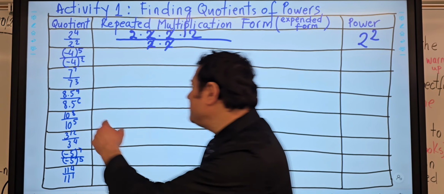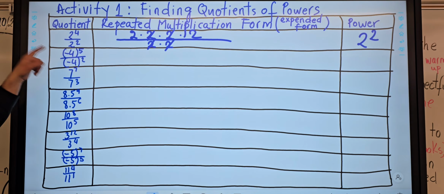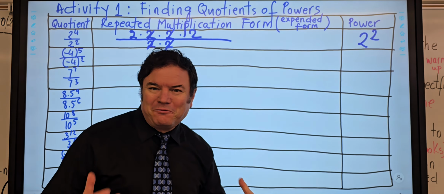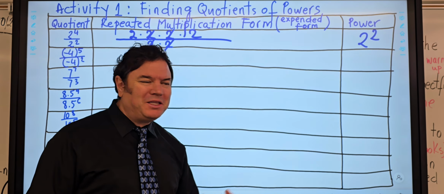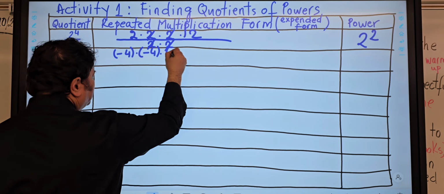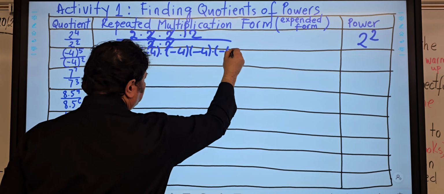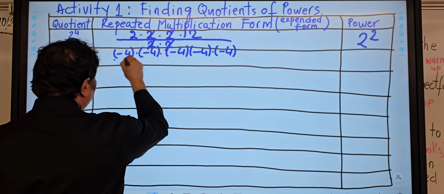Let's take a look now at the second example. Here we have negative 4 to the 5th power. It means negative 4 times negative 4 times negative 4 times negative 4 times negative 4, 5 times. And on the bottom here we have negative 4 times negative 4.